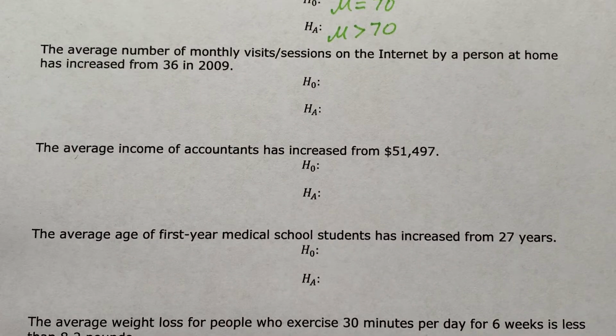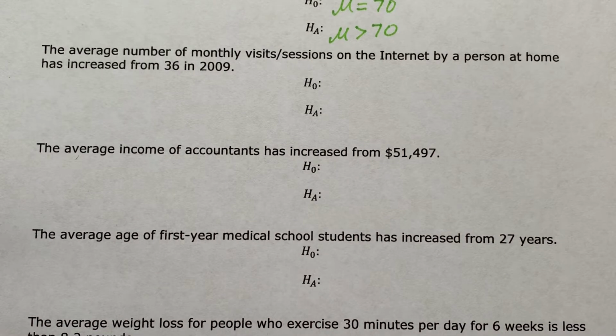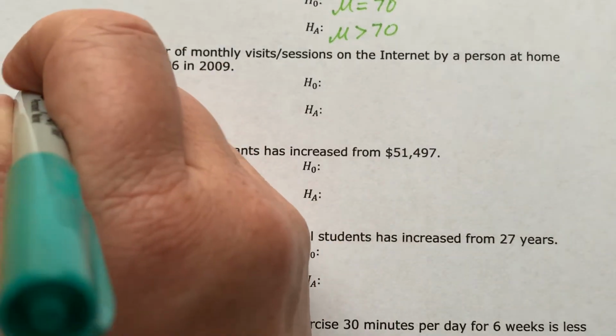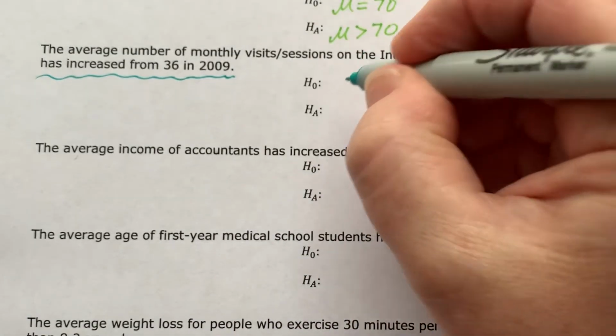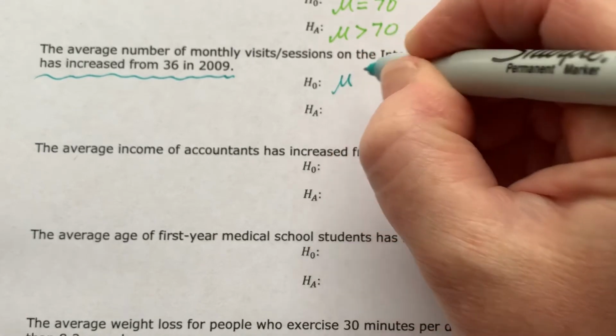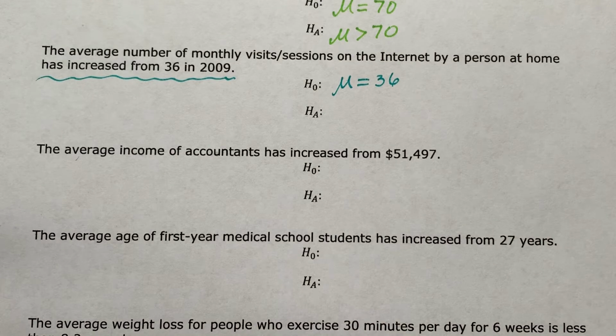The average number of monthly visit sessions on the internet by a person at home has increased from 36 in 2009. So this is my suspicion. This is what I think happened. My null hypothesis is that the average number of visits is 36. In some samples, it might be higher, in others lower, plus minus. There is normal variability.